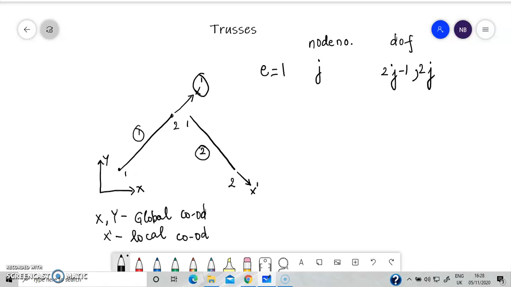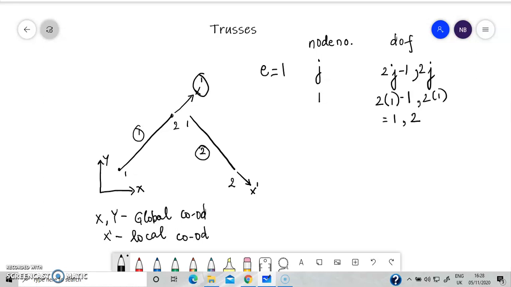So consider the node 1, so j equals 1. So the degrees of freedom on substitution of j equals 1 will be 1 and 2 into 1, that is 2.